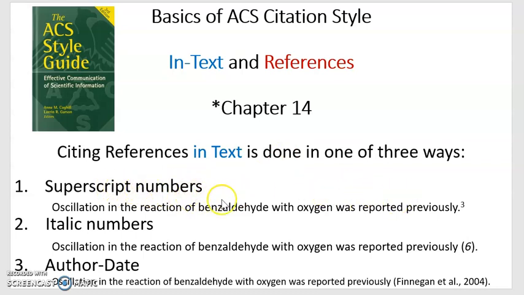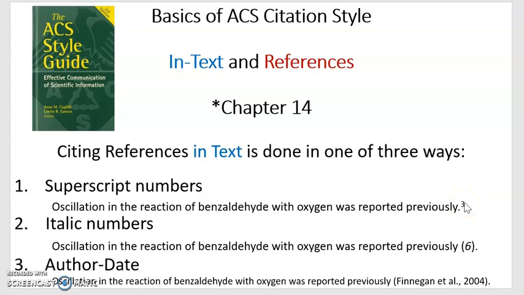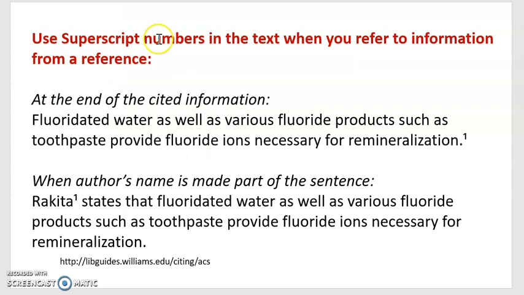You make your statement and then you put a period and you have this little number after your statement. Here's an example that shows the two places you can put that superscript number whenever you're referring to another source. Recall that this is not your own ideas, not your own work, so it needs to be cited.